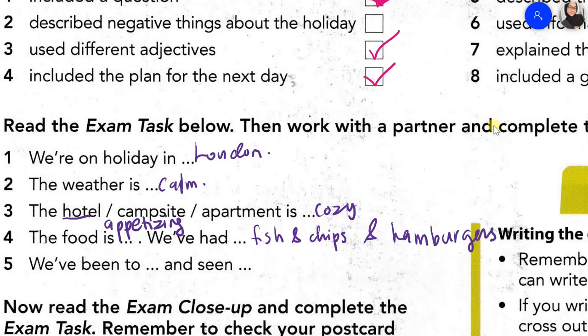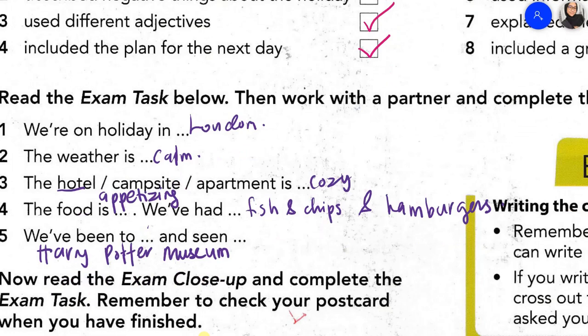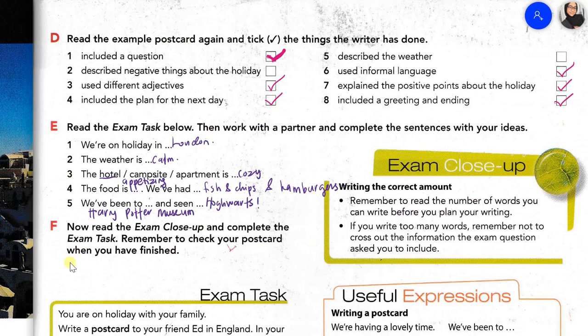Okay. We have been to, where to? Okay, I know. Harry Potter Museum and seen, what's in Harry Potter Museum? Hogwarts. Yeah. Okay, so there you go. Let's move on to the next task.